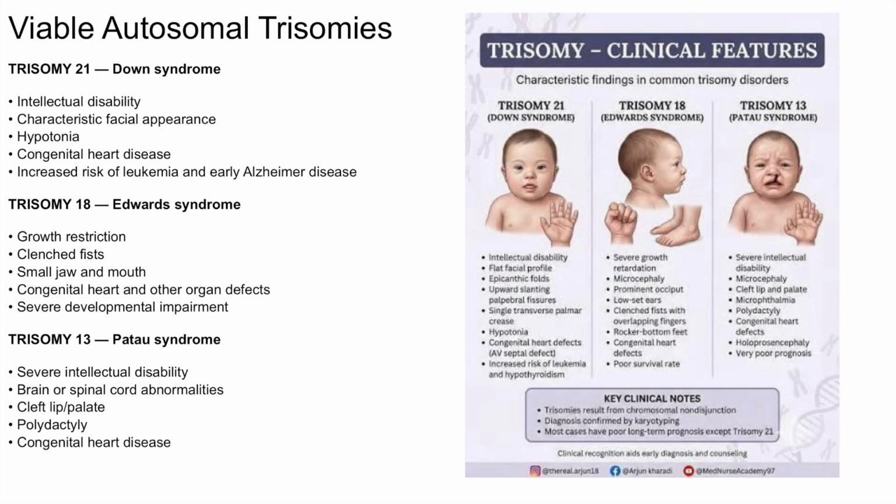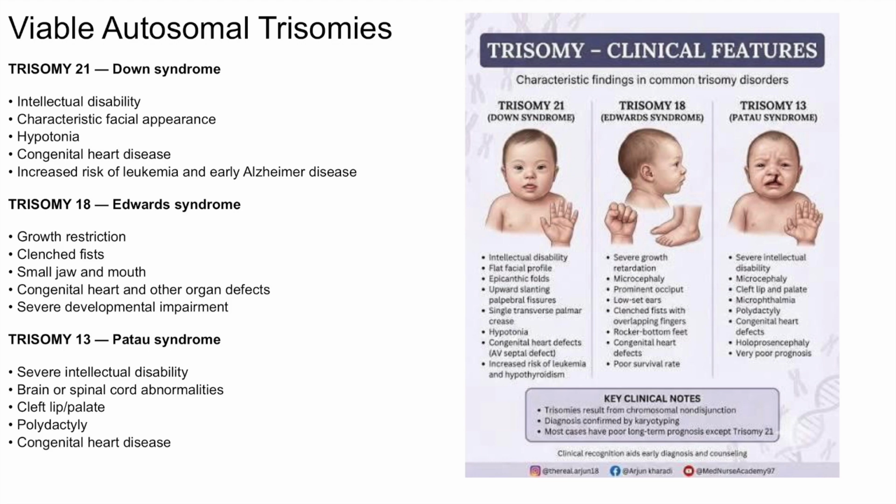So there are three major autosomal trisomies that are compatible with life at birth, which are trisomies 21, 18, and 13. So trisomy 21, or Down syndrome, is associated with hypotonia, characteristic facial features, intellectual disability, congenital heart disease, and increased risk of leukemia and early Alzheimer's disease. Trisomy 18, or Edwards syndrome, commonly causes severe growth restriction, clenched fists with overlapping fingers, a small jaw, congenital organ defects, and major developmental impairment.